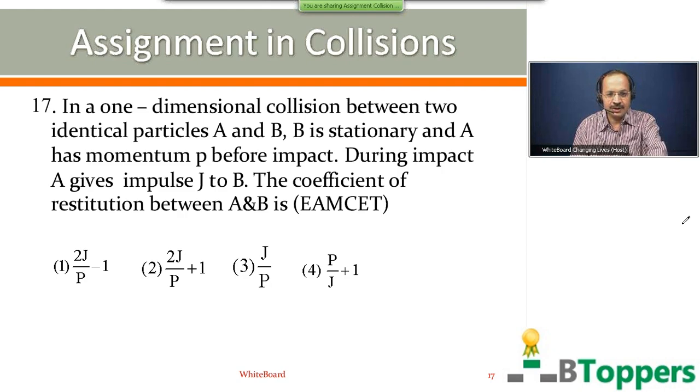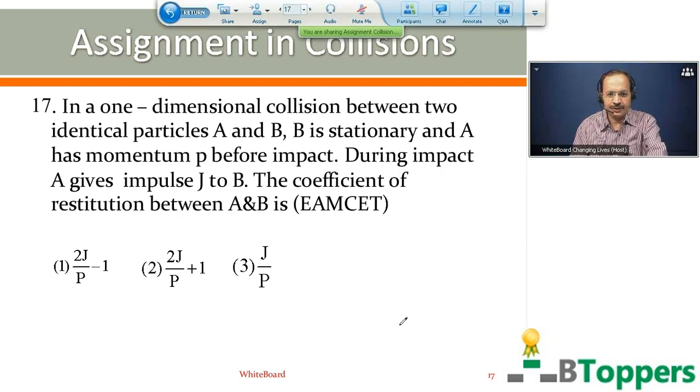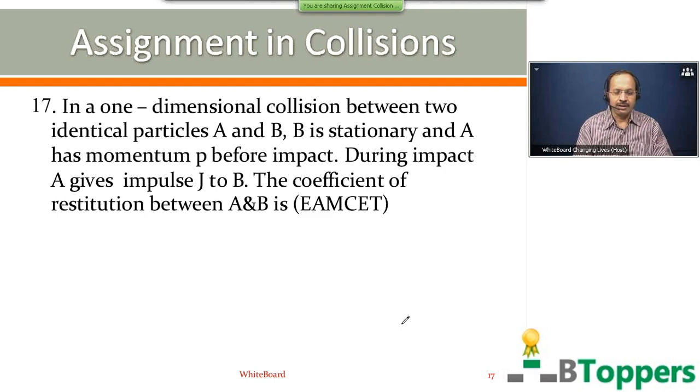I am going to discuss the solution for this question: in a one-dimensional collision between two identical particles A and B, B is stationary and A has momentum P before impact. During impact, A gives impulse J to B. The coefficient of restitution between A and B is... Here A is the first body.